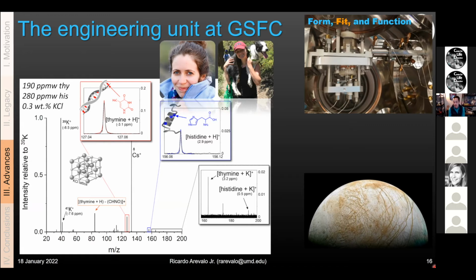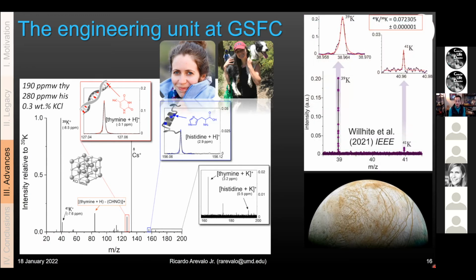Do we see it potassiated? Do we see the diagnostic fragment? Can we see the isotopic composition of the inorganic matrix, etc.? What kind of quantitative information can we get? Can we infer the relative abundance of thiamine to histidine, or potassium to some impurity in that salt? A lot of work has been and continues to go into this. Isotopes, what's the reproducibility of our isotopic precision?